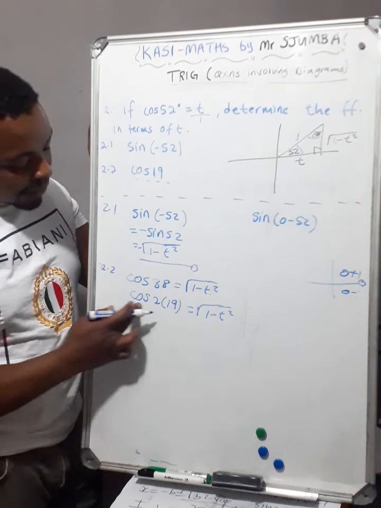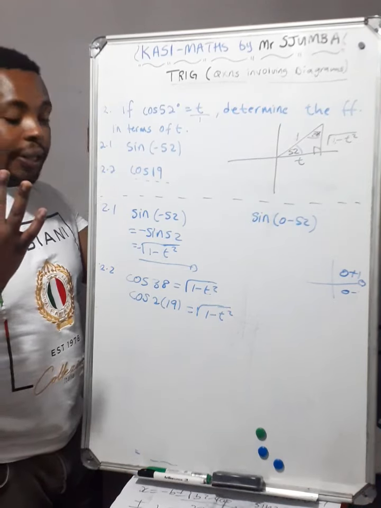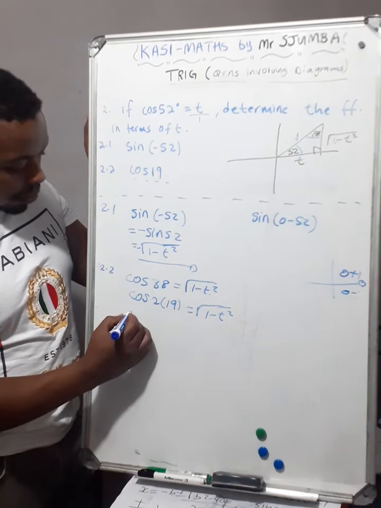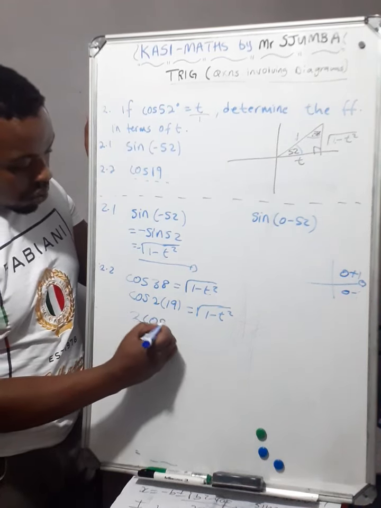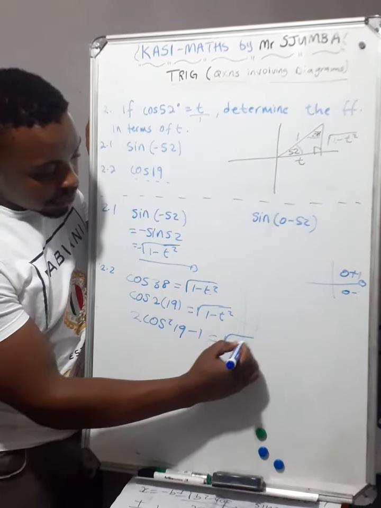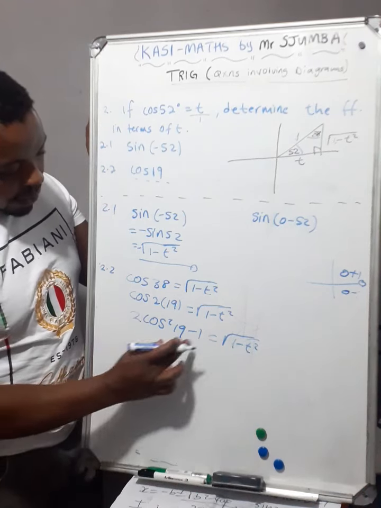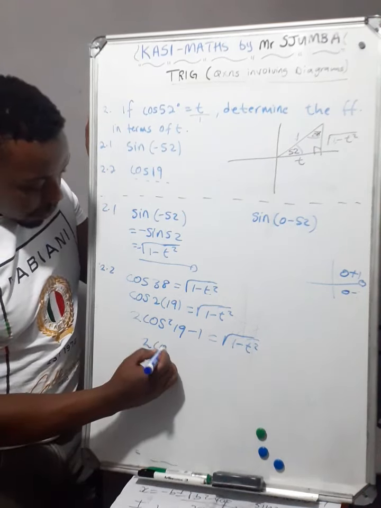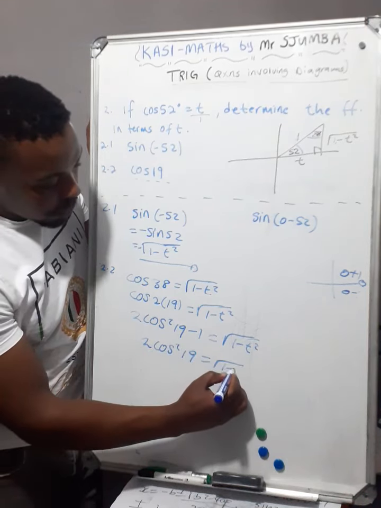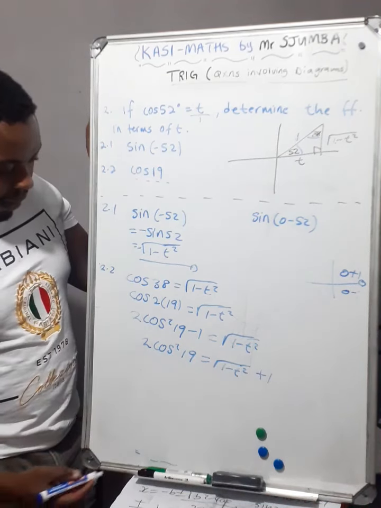Let double angle ka cos, we can change this into three things, ne? So sizochoose lezofaka u-cos, ezofaka u-cos obviously ethi 2 cos squared 19 minus 1. It still equals to root 1 minus t squared, right? Then now we can take the 1 across: 2 cos squared 19 equals to root 1 minus t squared plus 1, right?